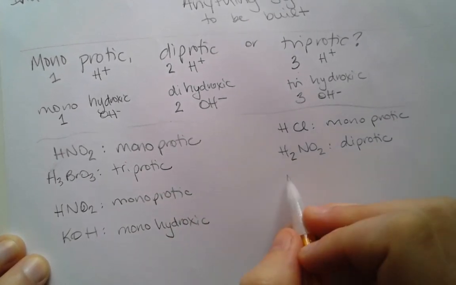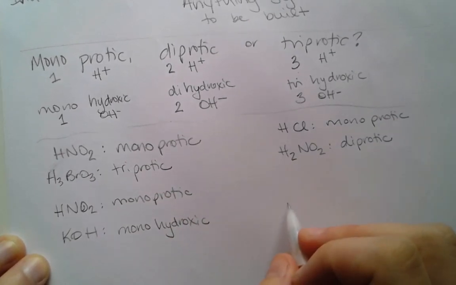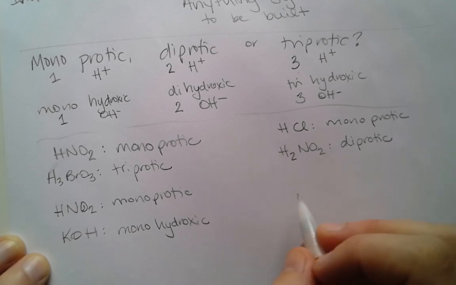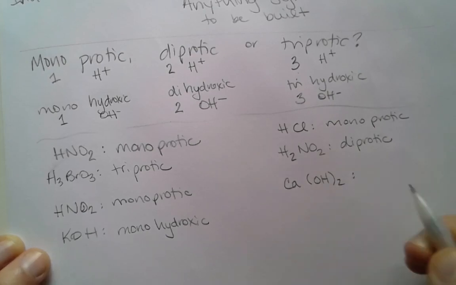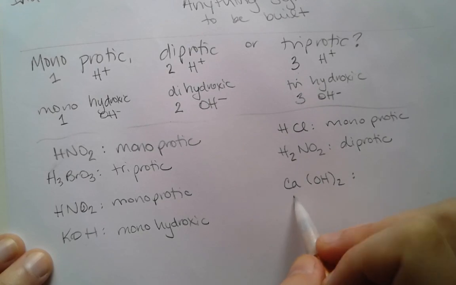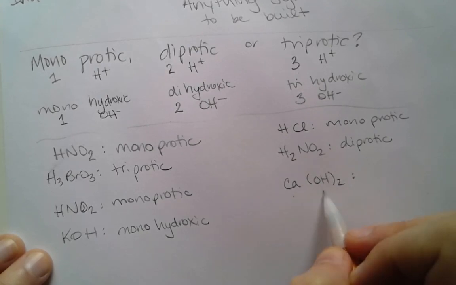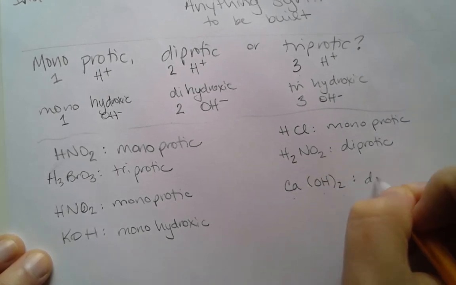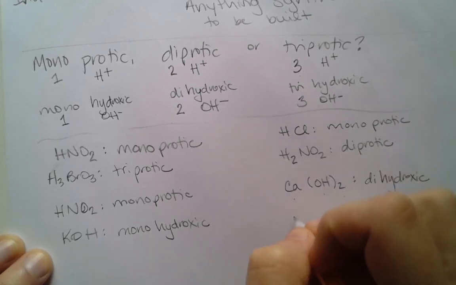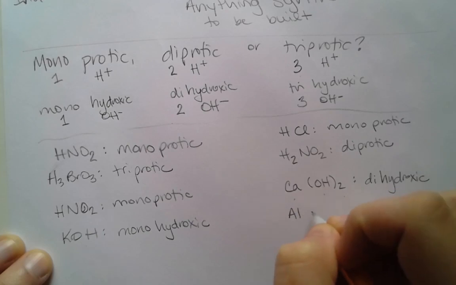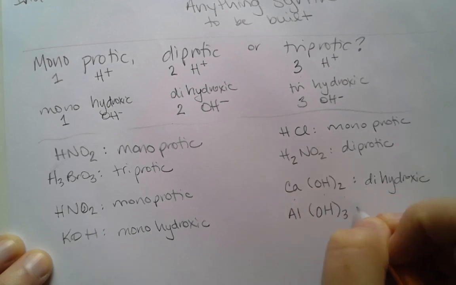And let's do, I'm going to give you one that's not on your page just to practice it. I'll show you the example. Does not start with an H. Does end in an OH. It's got 2 OH groups. This is dihydroxic. And last but not least, here's an example with 3 OH groups.